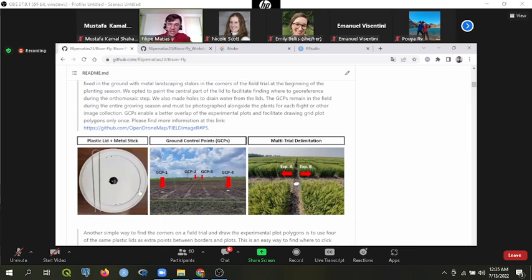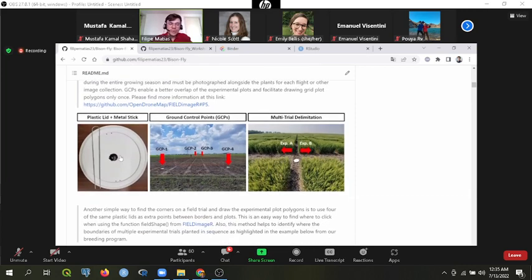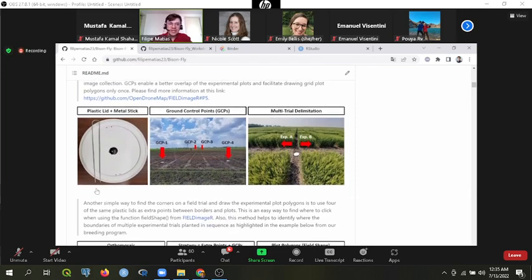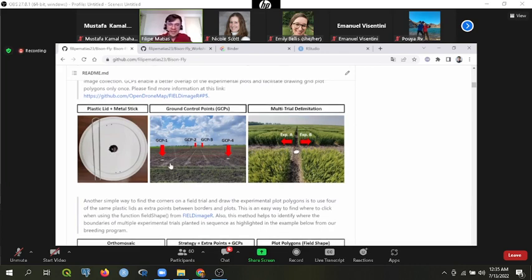So just check before starting to put the lids or the ground controls in your field. Here is one example: we were using these metal sticks for fixing the lid in the field, and also we were making a hole in the middle to avoid water from the irrigation or the rain. So just keep that in mind.